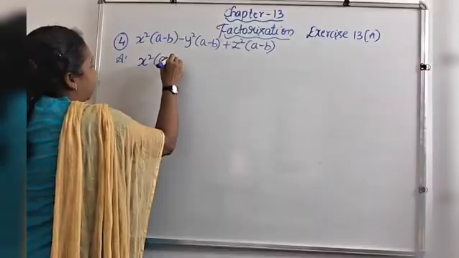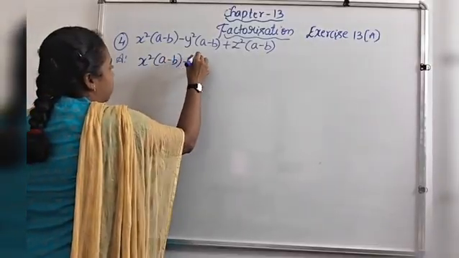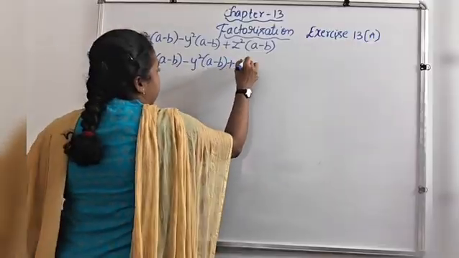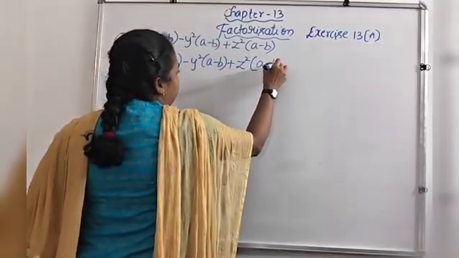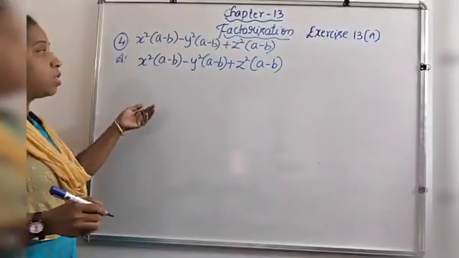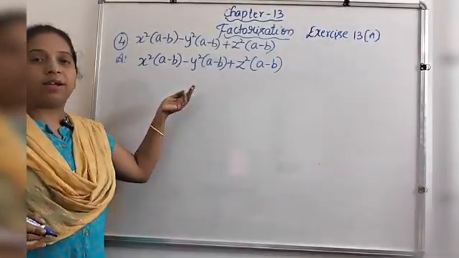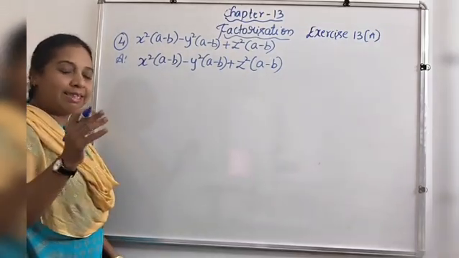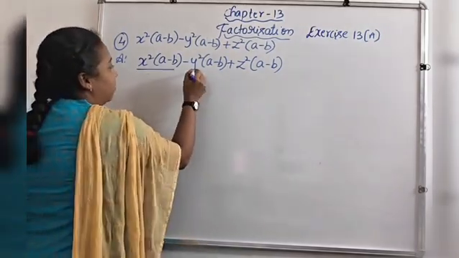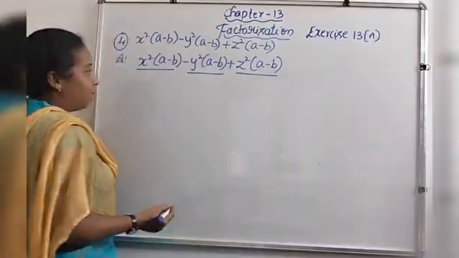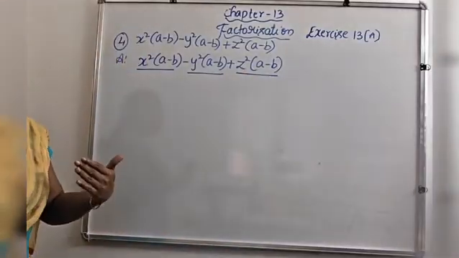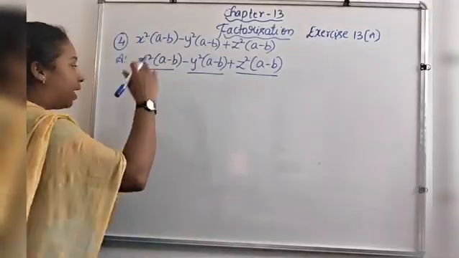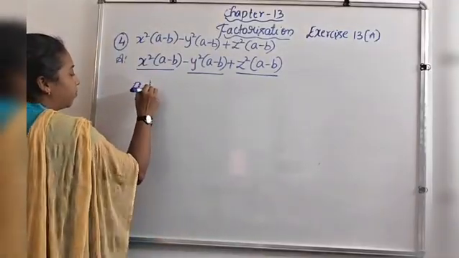How many terms are there? Three terms. In all three terms, which is common? a minus b is the common one. Take out a minus b.